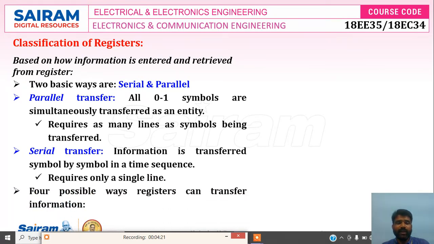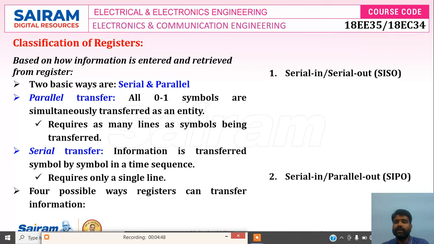And there are four possible ways the register can transfer the information. That means whether we do serial in, serial out, or parallel in, serial out, like that. They are serial in, serial out: we are entering the data serially and we are retrieving the data serially.